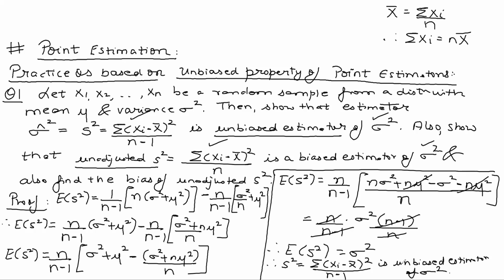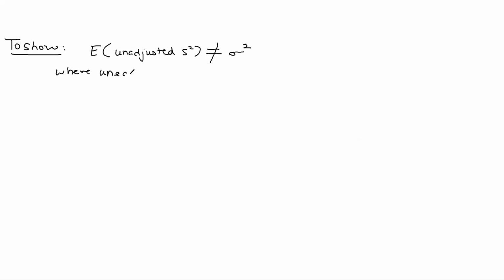Now we can clearly show that the old s square is also biased. So let's show that. So I'm erasing the question now. Now we need to show what? We need to show that expected value of the unadjusted s square is not equal to sigma square, where all of us know what is unadjusted s square.